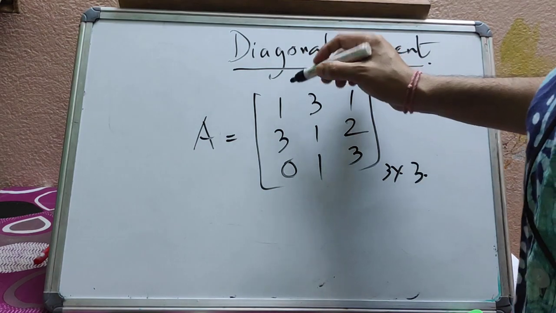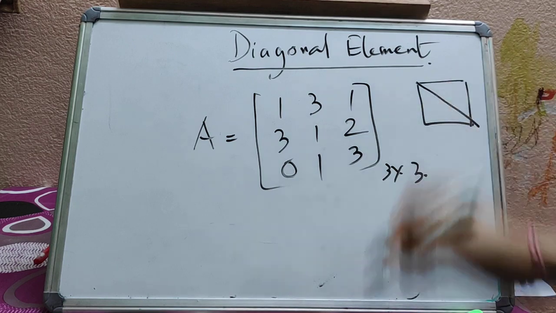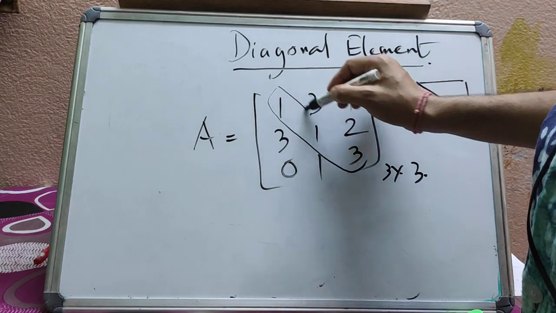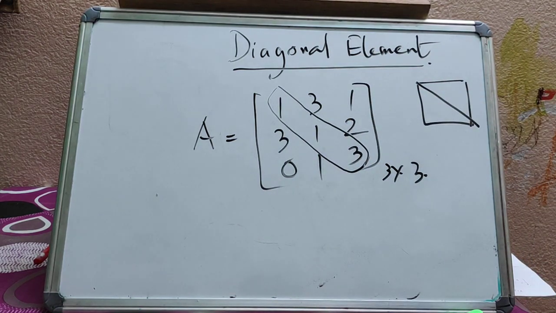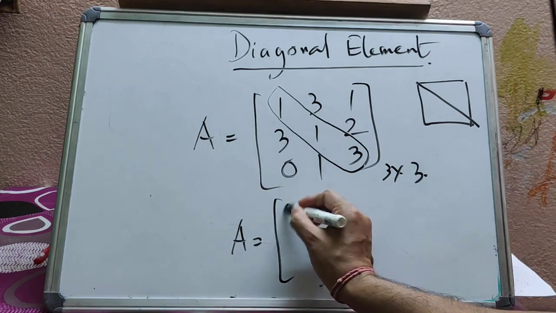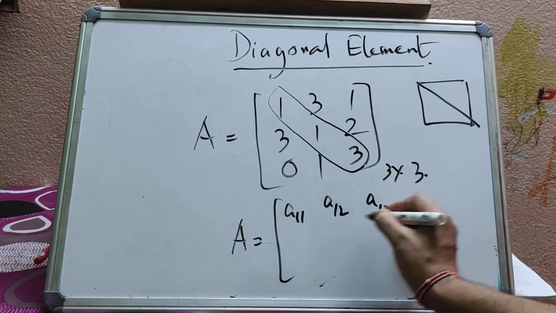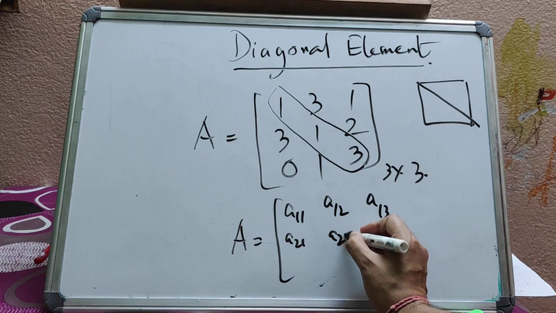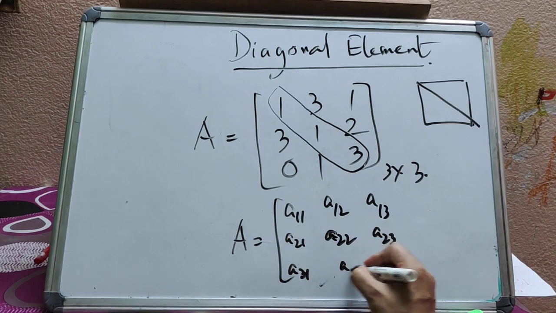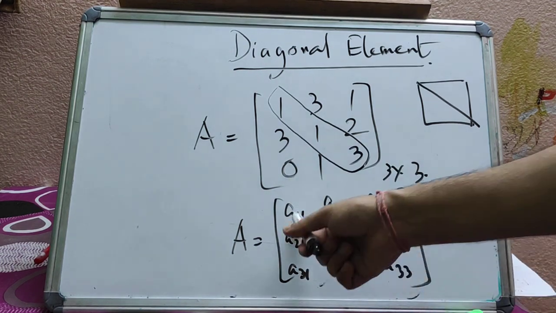If we have a square, then this is the diagonal, so here also the diagonal is this. Elements along it are called the diagonal elements. If we write it in general form, the first element is a11, then a12, a13, this is a21, a22, a23, this is a31, a32, and a33. So in a generalized way, these are the elements.